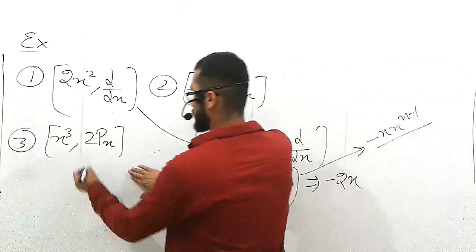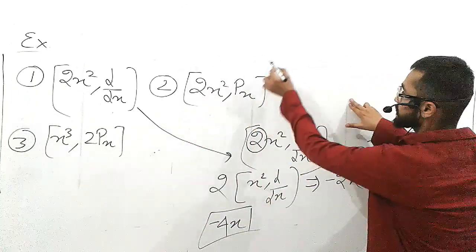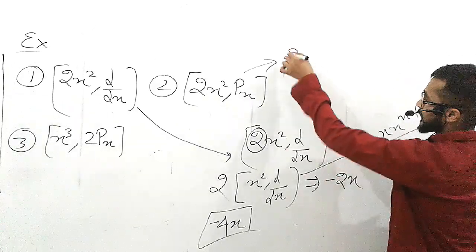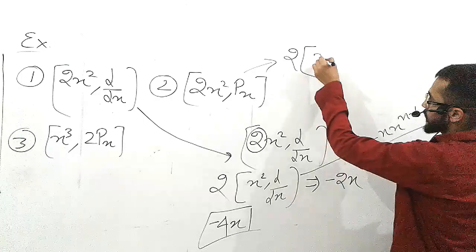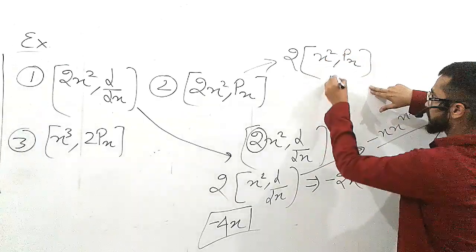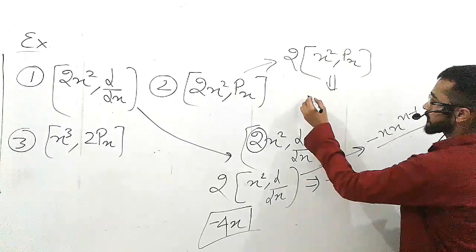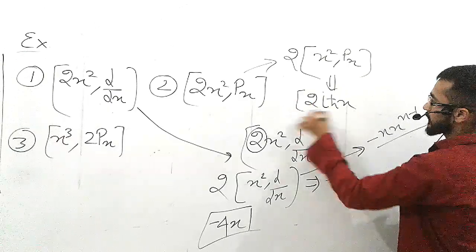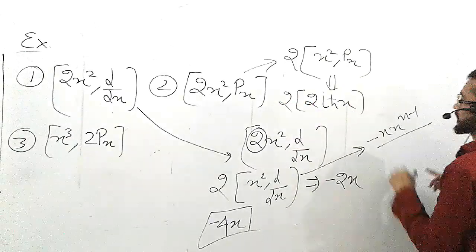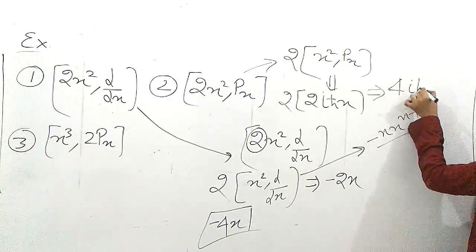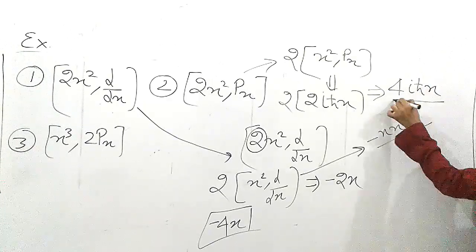Now this second example, simply I will take the 2 outside the bracket, and x square and px. And what is the answer of this? It is written as 2 iota h cross x, and 2 is outside the bracket, so the answer will be 4 iota h cross x.